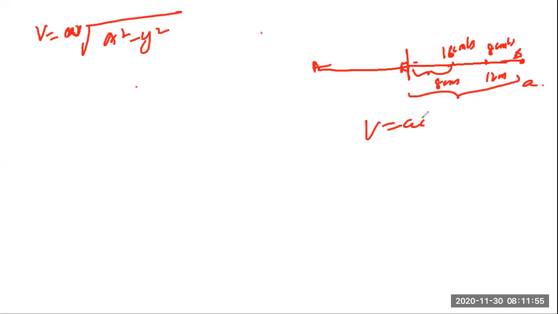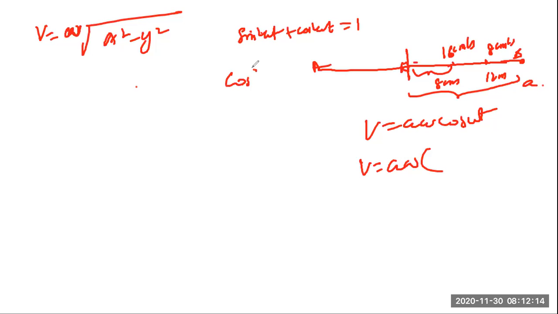V is equal to a omega cos omega t, and cos omega t we have substituted. Check. Sin squared omega t plus cos squared omega t is equal to 1, and cos squared omega t is equal to 1 minus sin squared omega t.